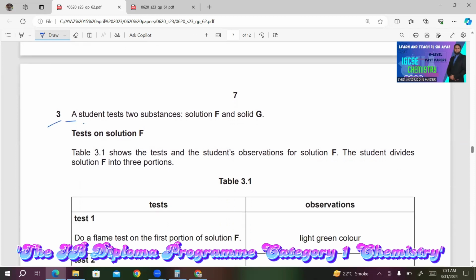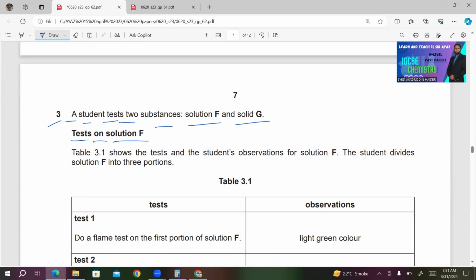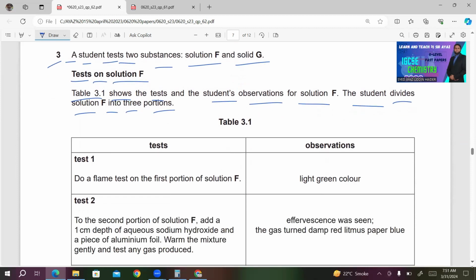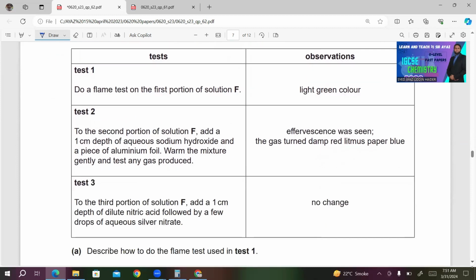Number 3, a student tests two substances, solution F and solid G. Test on solution F. Table 3.1 shows the test and the student's observations. For solution F, the student divides solution F into 3 portions. Here's table 3.1. Test 1, do a flame test on the first portion of solution F, light green color.